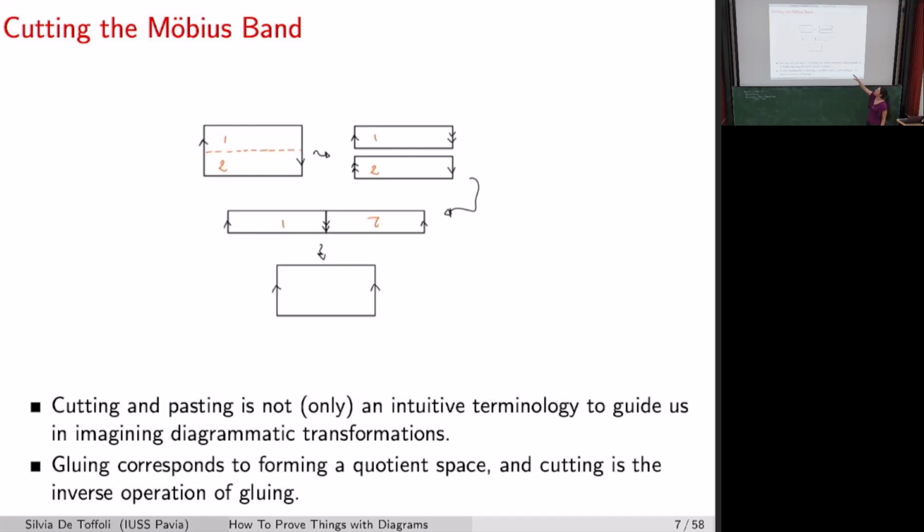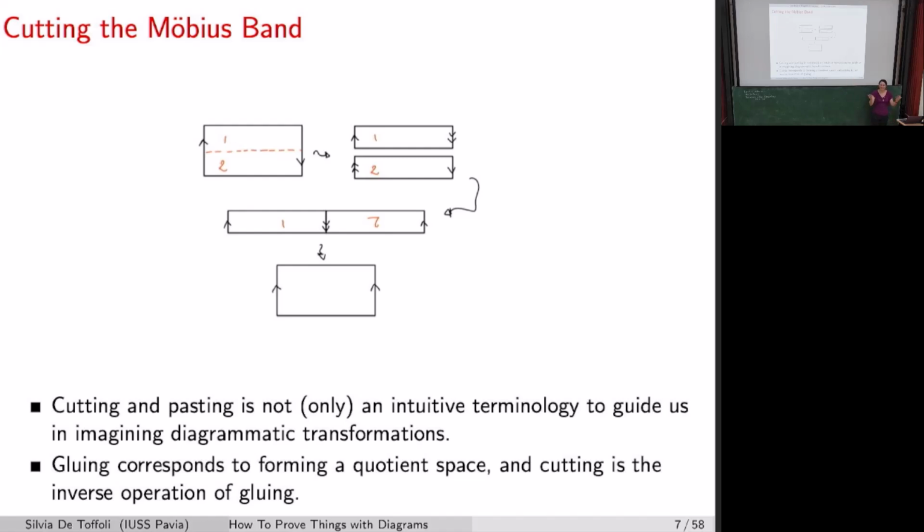And so if the task initially was to find out what happens when I cut along the red interrupted line, I'm cutting, and then I create those other things, and then of course I have to find other conventions to make sure I identify correctly the things that were identified before. So I do that, and then I re-glue, and then guess what? I obtain a cylinder.